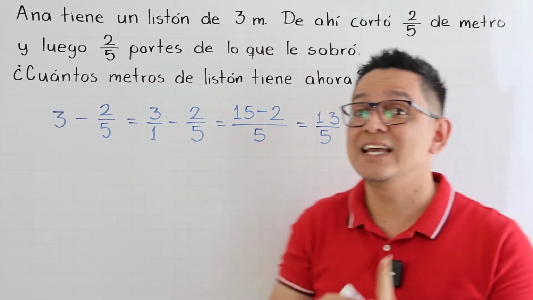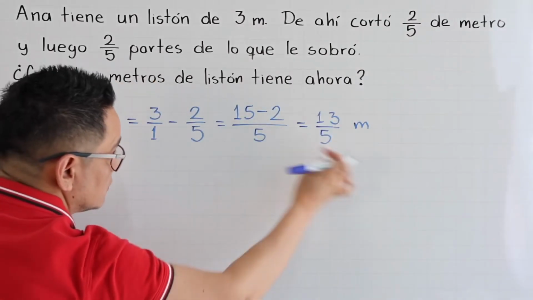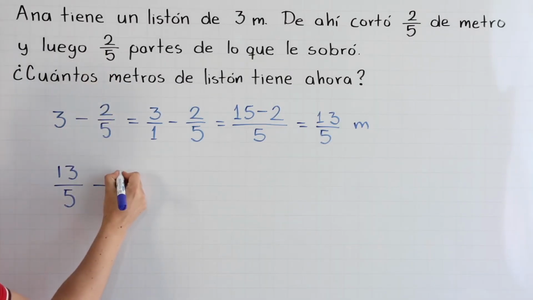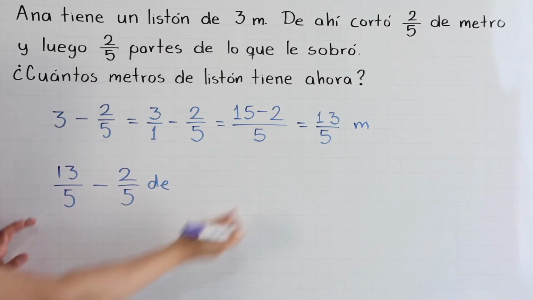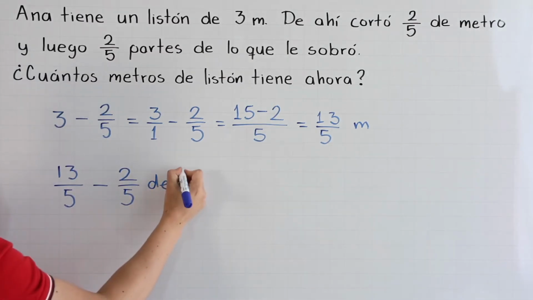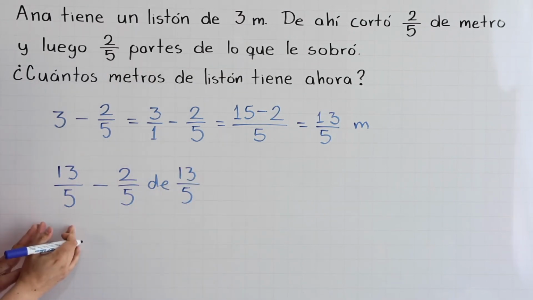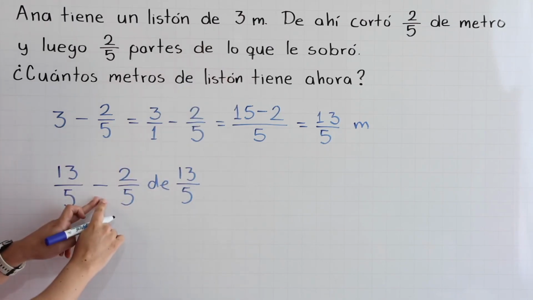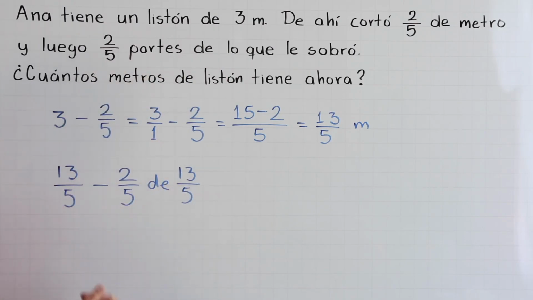So the operation should look like this with what she had left. I'm going to write this number, which is 13/5, and we're going to subtract 2/5. Of what then? Of this same thing, right? That is, of 13/5. What is left over? We're going to subtract 2/5 of what she had left. That is, from those 13/5.